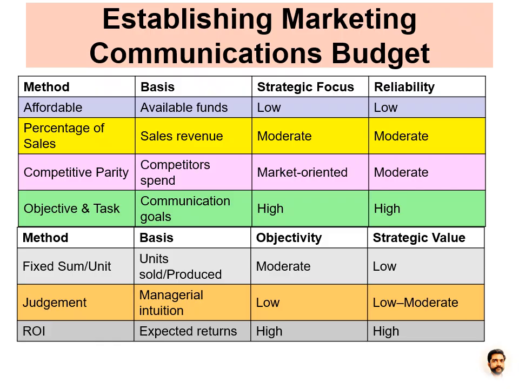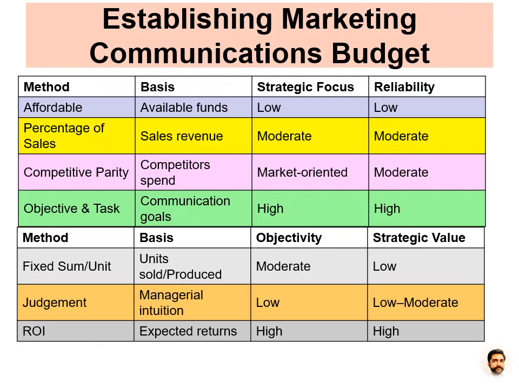One is the affordable method. Second is the percentage of sales method. Third is competitive parity. Fourth is the objective and task oriented method. Fifth is the fixed sum or unit method. Sixth was the judgment method. Seventh is ROI.